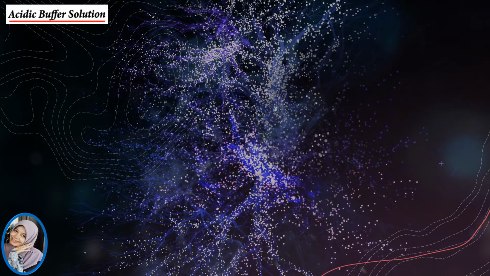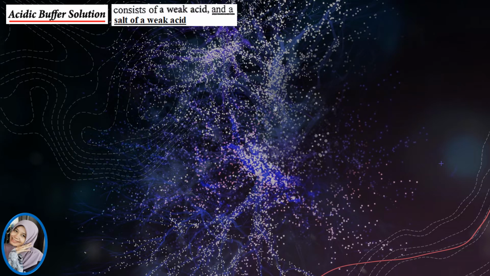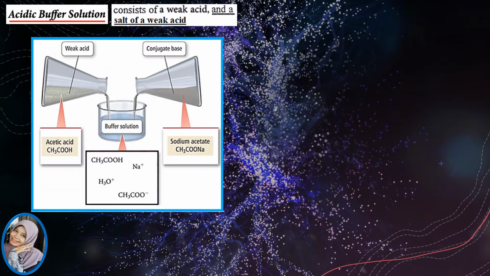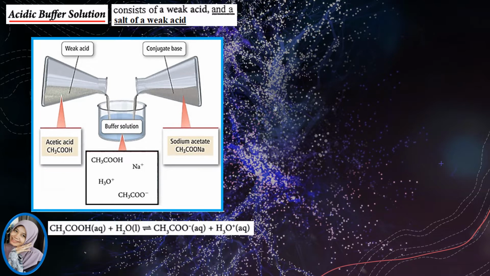Students, you should know that there are two types of buffer solutions. The first one, acidic buffer solution. Acidic buffer can be prepared by mixing a weak acid and salt of weak acid. Example, aqueous mixture of ethanoic acid and sodium ethanoate. We know that ethanoic acid, a weak acid, will dissociate partially in water.